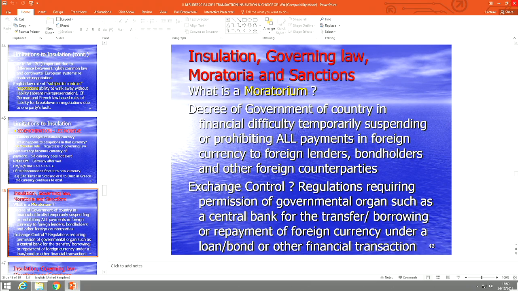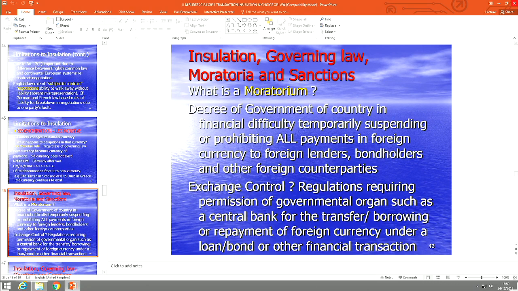You need permission, or you're subject to certain restrictions. The US doesn't have it, the EU doesn't have it, Japan doesn't have it, but many other countries have exchange control regulations. Now, exchange control regulations pose a different problem for international finance from a moratorium.